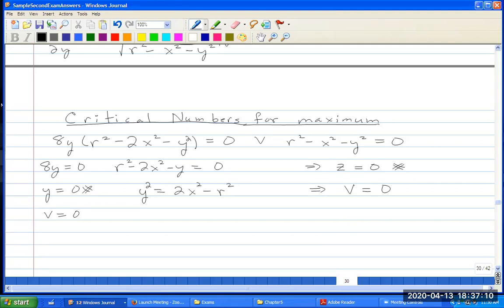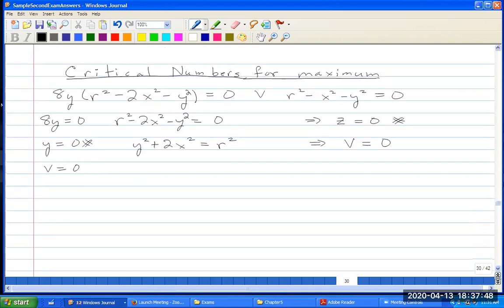This was a y squared. Okay, sorry, that's y squared. So it should be in this case that y squared plus 2x squared is r squared. Okay, so I have that instead.